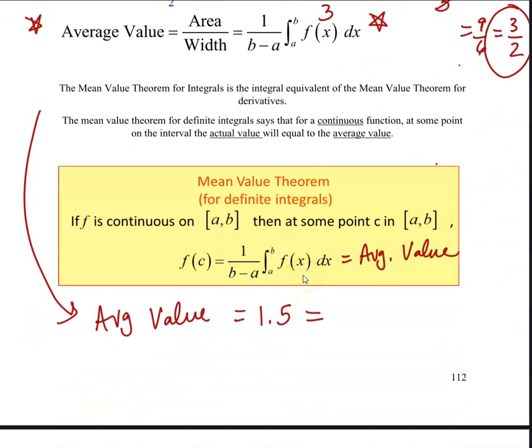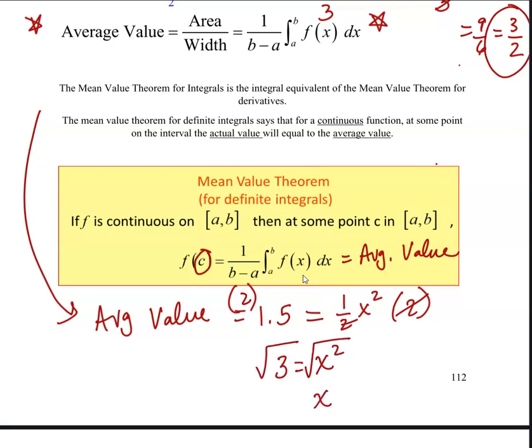So I'm going to set this equal to 1/2 x squared, and I'm going to solve this equation to get this particular c value, or this location where that occurs. I'm going to multiply both sides by the 2's to start off. So that means I have 3 equals x squared, and then I'm going to take the square root. I get x equals plus or minus the square root of 3. The one that I want in this case is the positive, so that would be the positive root 3, which is about 1.73, something like that, square root of 3.